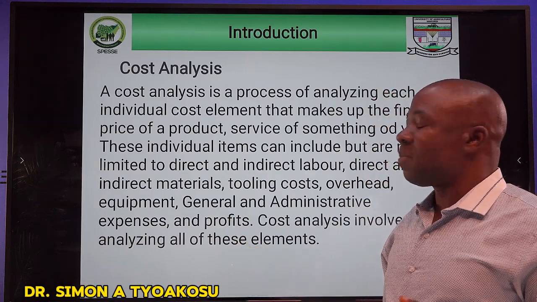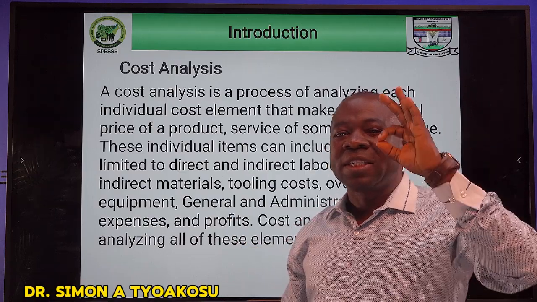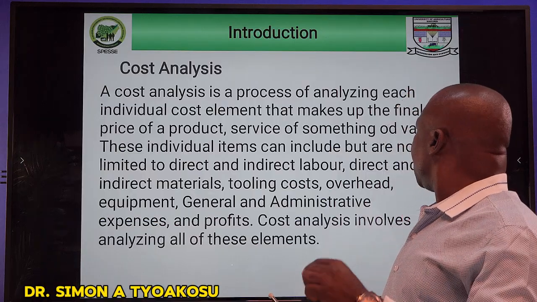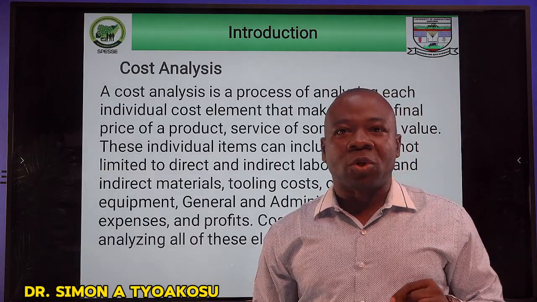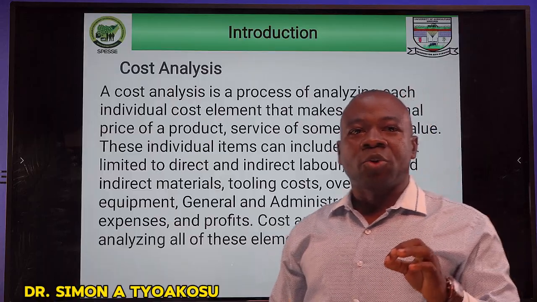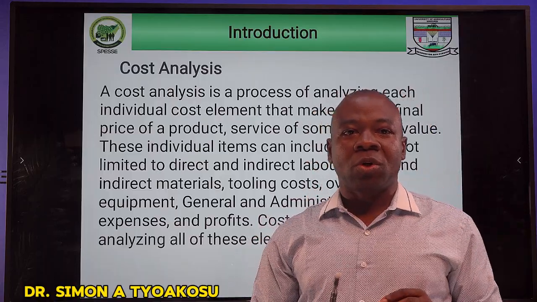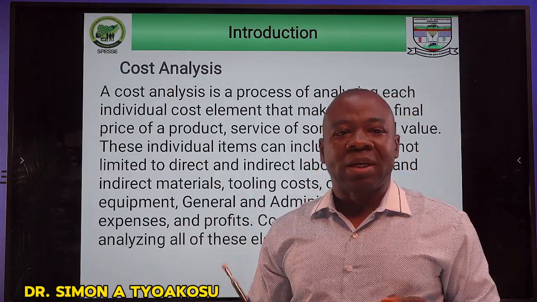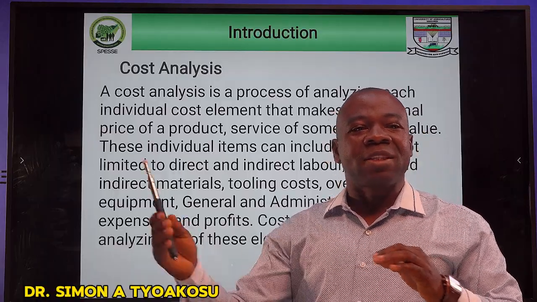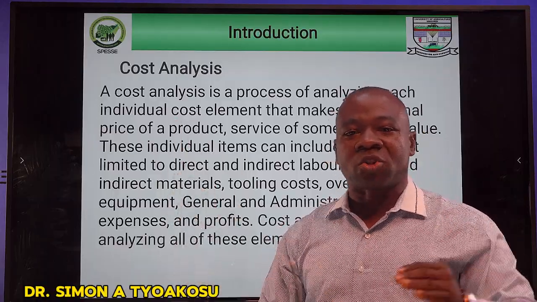Cost analysis basically looks at the different elements that constitute the final price of a product. For each product that you have, it may go through manufacturing stages, it may go through refurbishment, and for each of these stages, it has different elements that make up the costs.